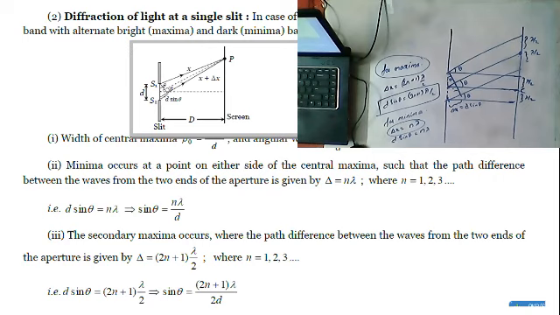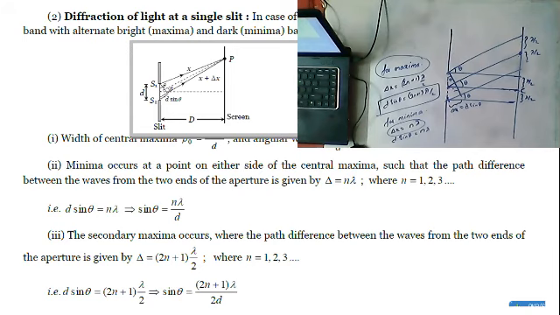In YDSE, we are getting n lambda for maxima, and 2n minus 1 lambda by 2 for minima. But here it is quite opposite. So this is how we can explain the diffraction of light for a single slit.